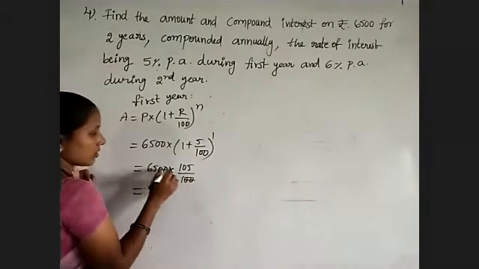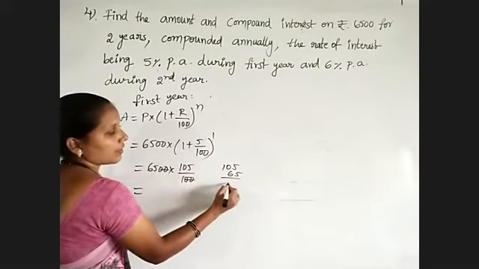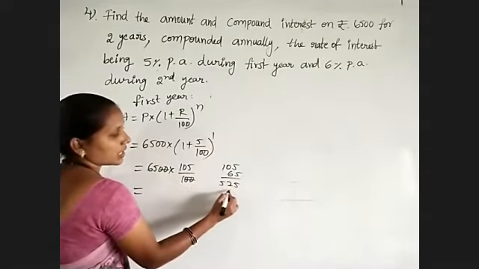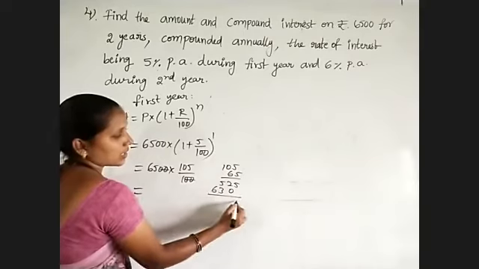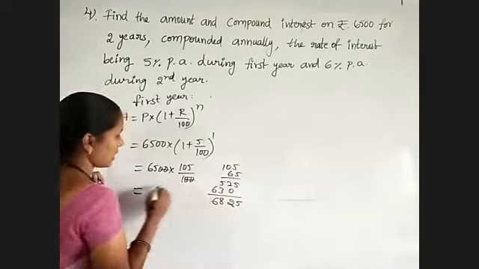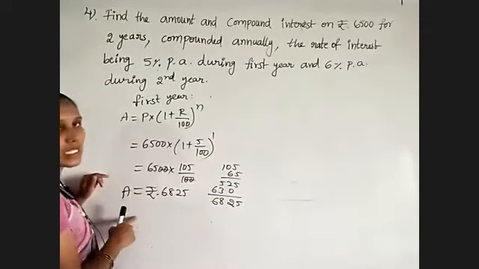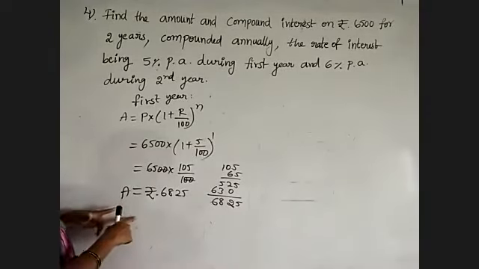So 5 5s are 25, 5 1s are 5, 6 5s are 30, 6 1s are 6. So 6,825 is the amount during the first year he will pay.